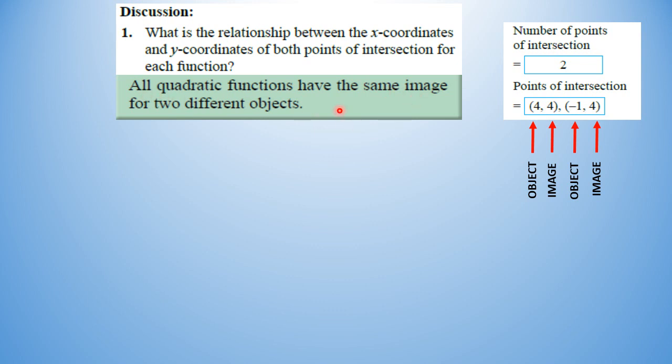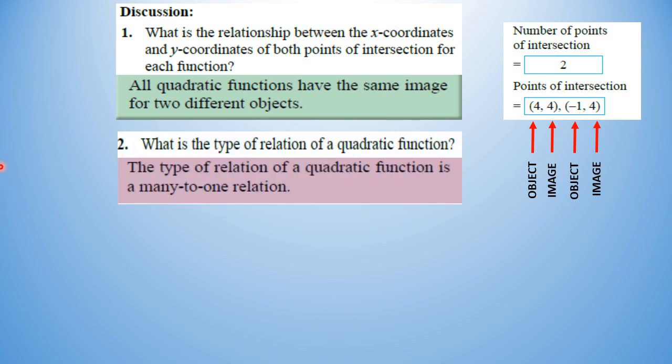But for the image, we have the same value. So this is the conclusion. All quadratic functions have the same image, same y-coordinate, but for 2 different objects. Different objects mean 2 different x-coordinates.